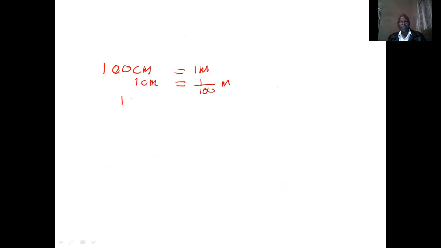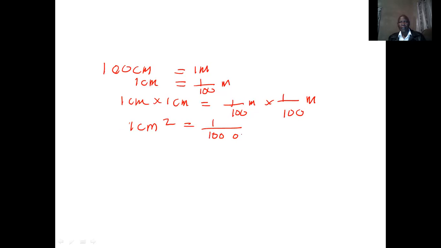And 1 centimeter multiplied by 1 centimeter would give us 1 over 100 meters multiplied by 1 over 100 meters, which gives us 1 square centimeter equal to 1 over 10,000 square meters. This is how we can convert.